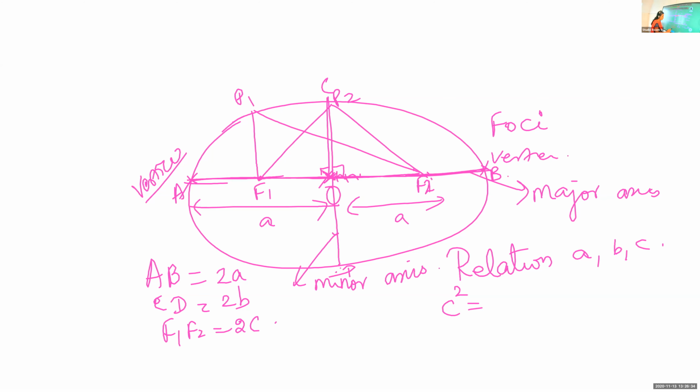This length is what we denote as C. From here, C is the root of A square minus B square.